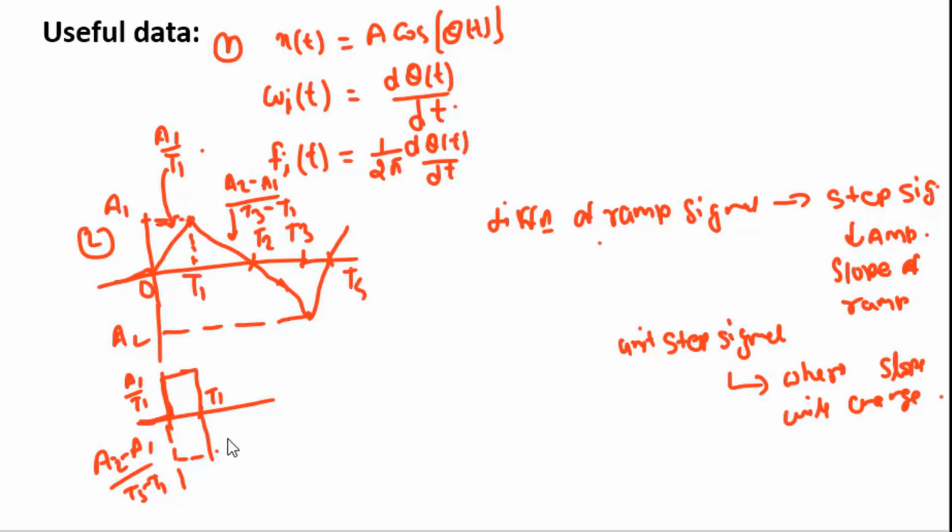Then where will the slope change? At T3. So again at T3 it will give you a step signal. So this is the idea to differentiate any ramp signal.